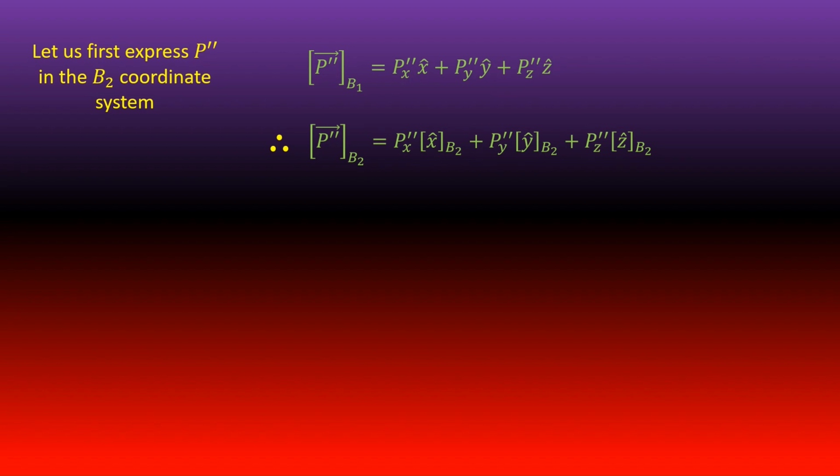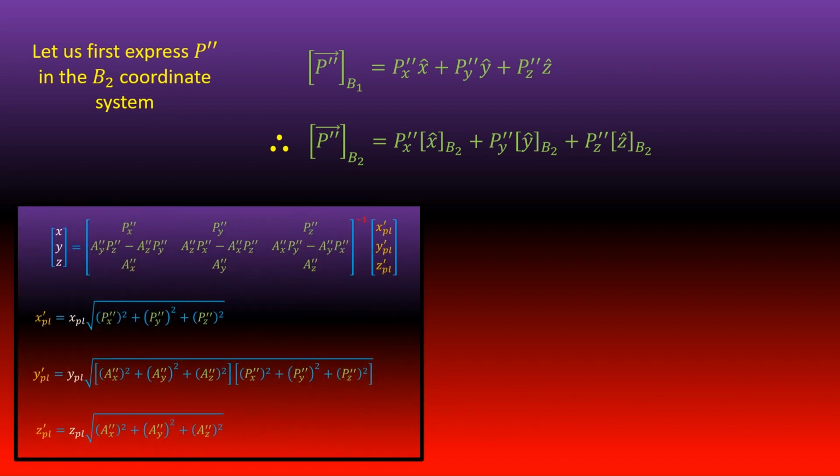And we have a way of converting x hat in terms of B2, y hat in terms of B2, and z hat in terms of B2 into a linear combination of the B2 unit vectors, x hat PL, y hat PL, and z hat PL.